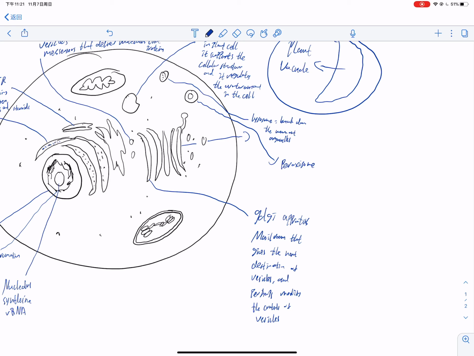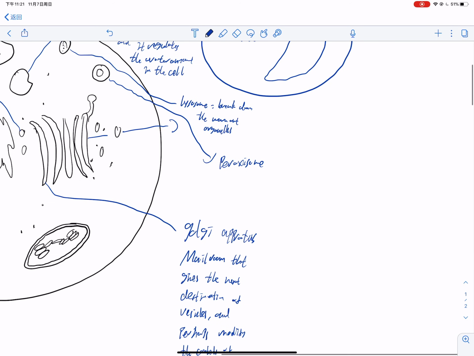You probably don't need to know much about the peroxisome for AP Bio, but its function is to help maintain the metabolism in the cell. For instance, it detoxifies toxic materials. Detoxification.